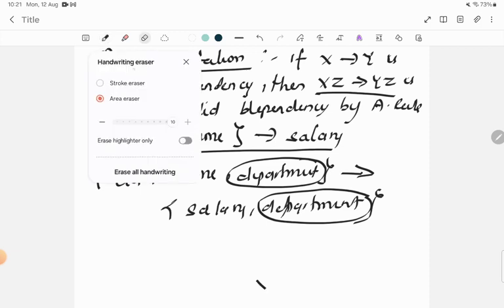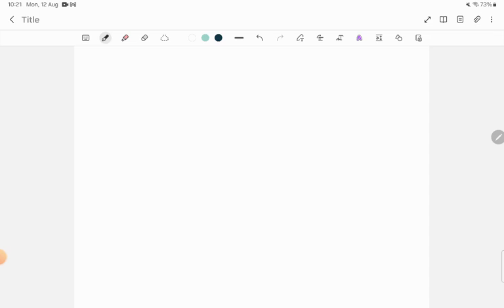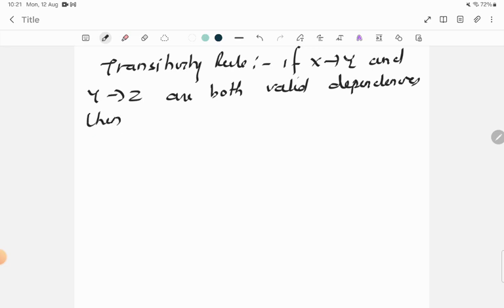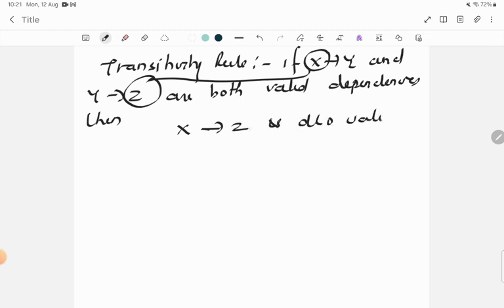Now the third rule is a very important rule which we are going to use in our normalization part, which is the transitivity rule. What does it tell? If x determines y and y determines z are both valid dependencies, then x determines z is also valid.